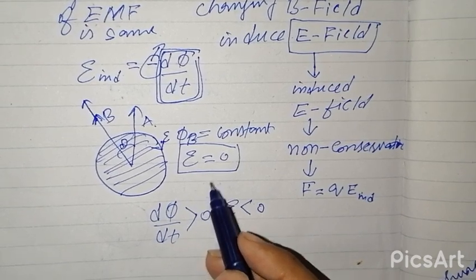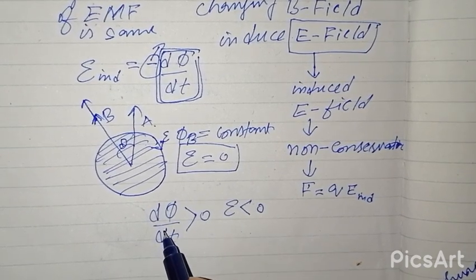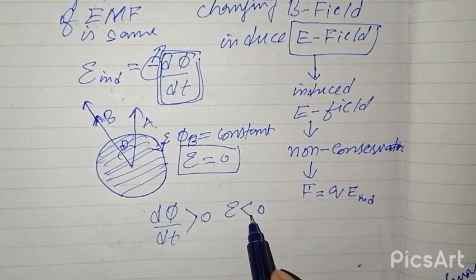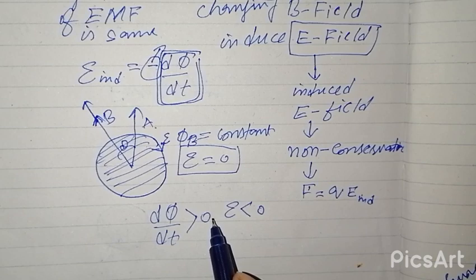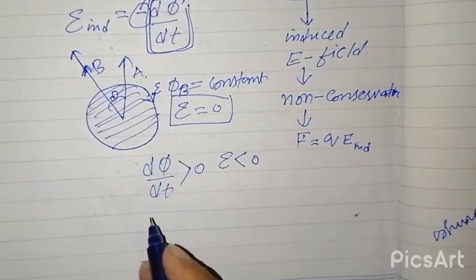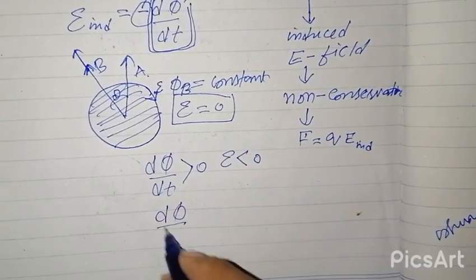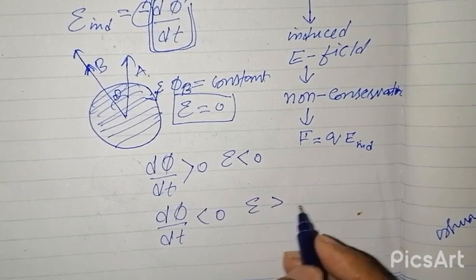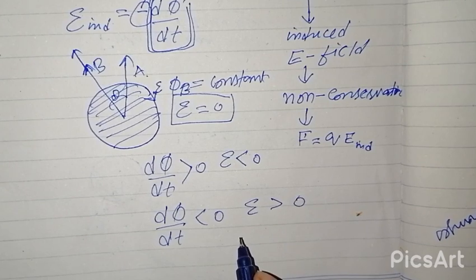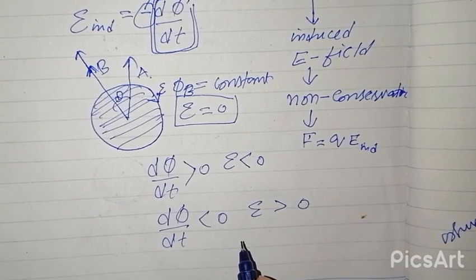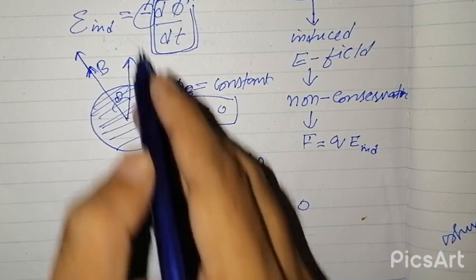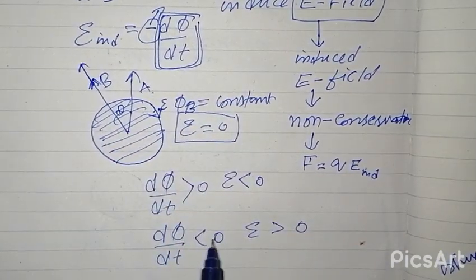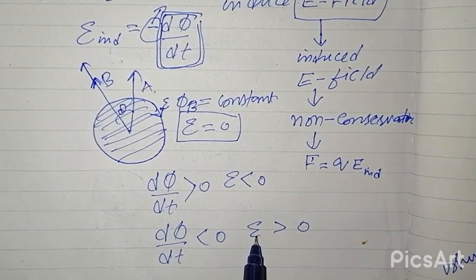So if you have this positive quantity, then EMF will decrease. And if for example this quantity d phi by dt is less than 0, then EMF will be greater than 0. Whenever this is negative, because here it is also a negative sign, the negatives will cancel, and as a result EMF will be positive.